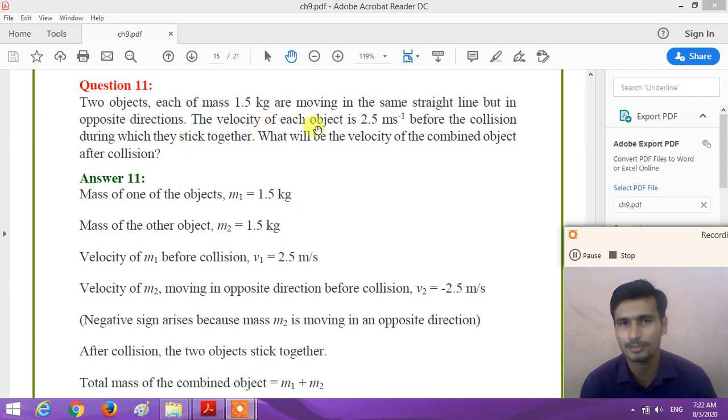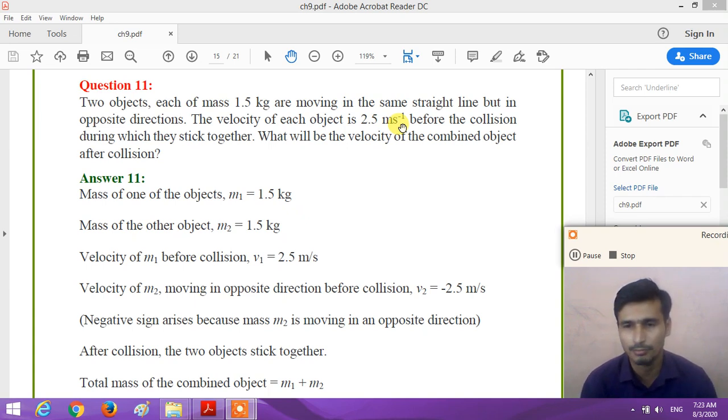The velocity of each object is 2.5 meter per second before the collision, during which they stick together.